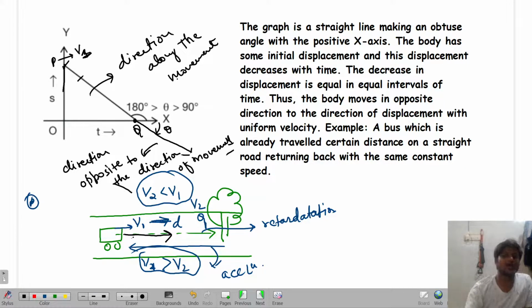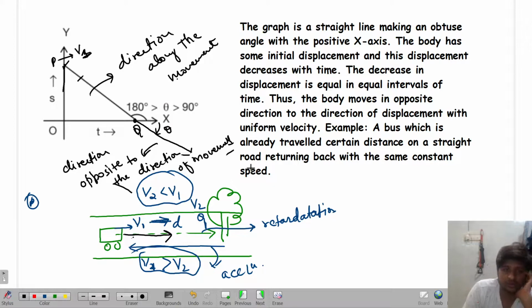Again, tomorrow I'll give you the proper definition of acceleration and retardation, and I'll complete this motion in 1D. Remember that I'll discuss relative speed directly in motion in 2D, because relative velocity there will be much more difficult compared to the relative velocity you are studying right now.